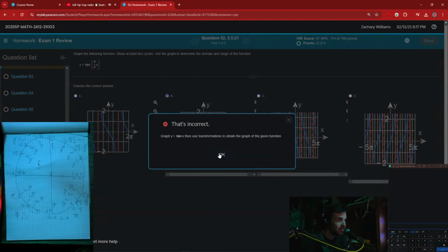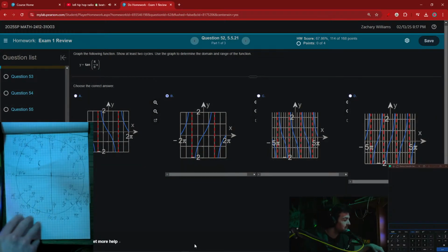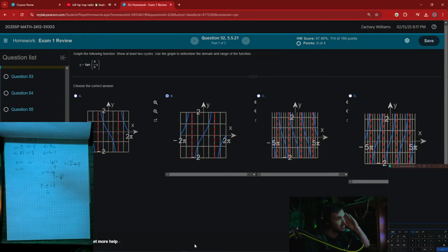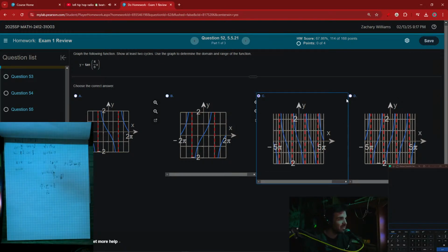Nope. Alright, I'm gonna try it on paper. I guess this seems like it includes more lines.